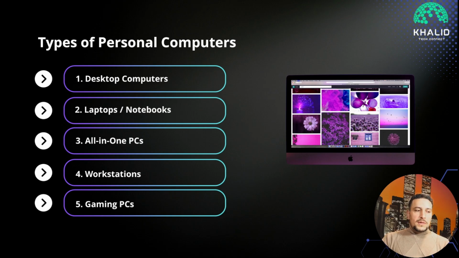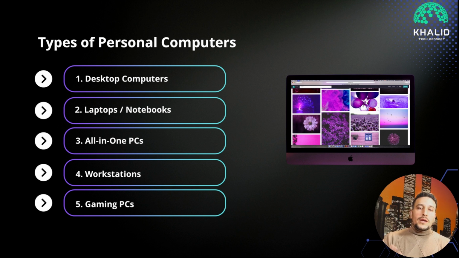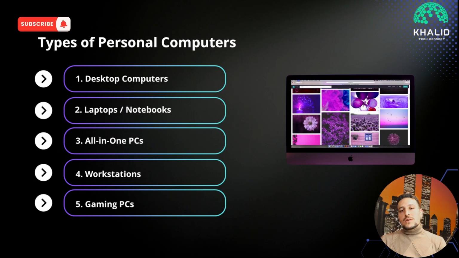Desktop means you just put the computer on top of a desk, so it's not portable, you cannot take it with you anywhere. Then we have laptops and notebooks, they are portable and we can carry those laptops with us anywhere. Then we have all-in-one PCs, workstations, and gaming PCs. So these are some types of personal computers that we use.